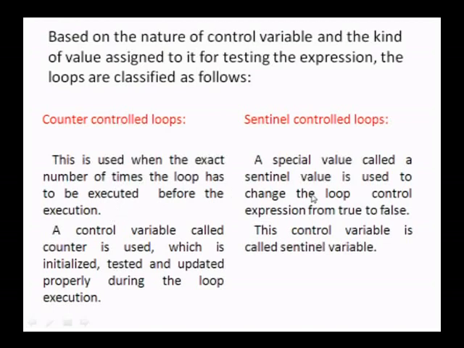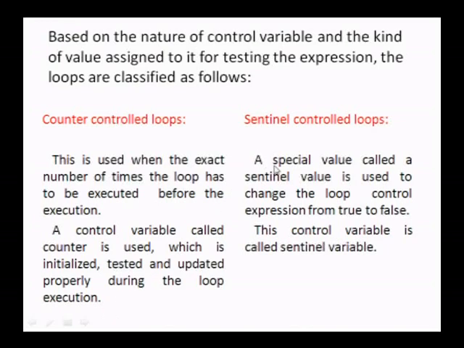Some cases we will not know exactly the number of times the loop body is going to be executed. So, in such cases we call it as a sentinel controlled loop. So, here in the counter controlled loop, a control variable called the counter is used, which is first initialized and then it is going to be tested and then updated. Either it is going to be incremented or decremented so as to meet with the condition, and the updation is going to be done properly and the loop execution happens.